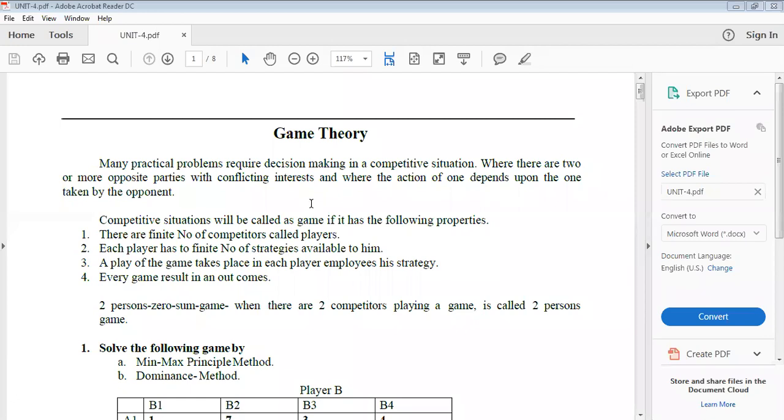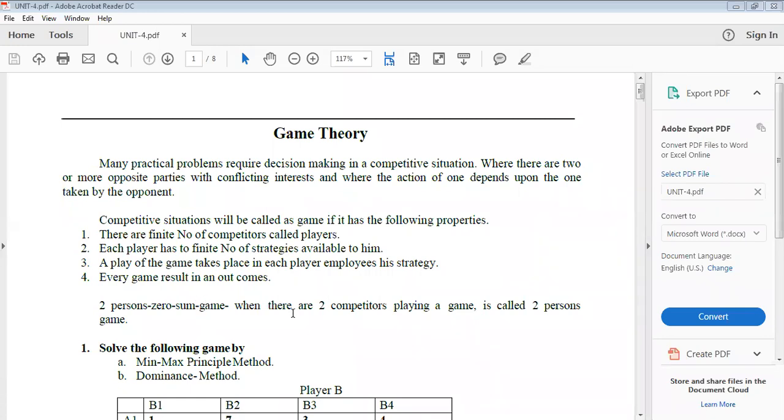Gain of one person or party is automatically going to be the loss of the other people. A zero sum game, when there are two competitors playing the game, is called a two-person game.